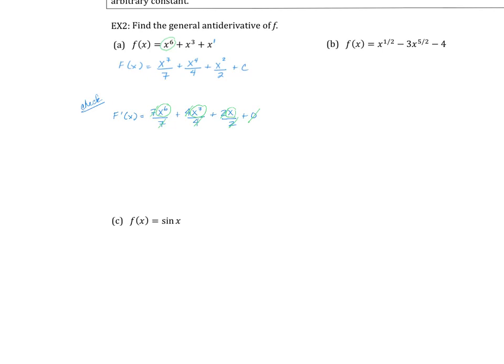So again, all we're doing is doing the opposite of the derivative.